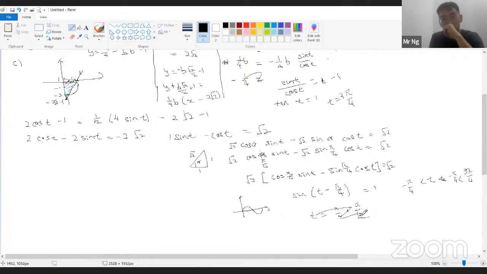So t minus pi over 4 equals to... so negative pi over 2 cannot really.